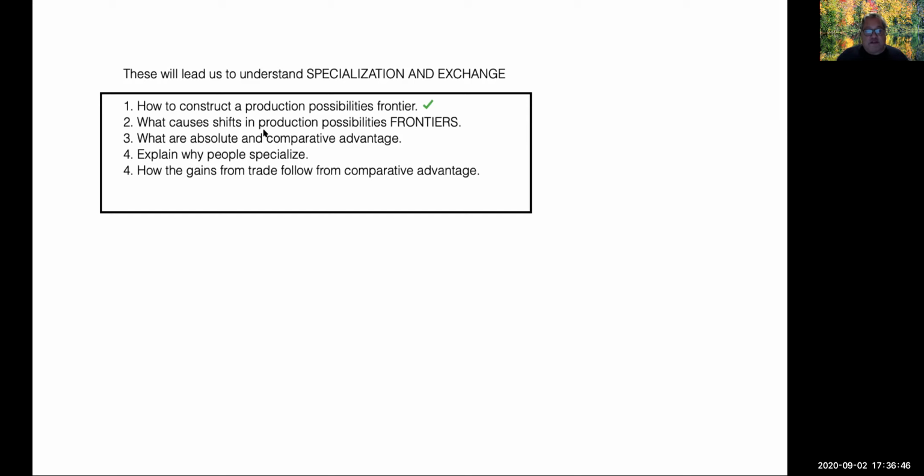Second point, what causes shifts in the production possibilities frontier? Well, what causes a shift in the production possibilities frontier are one of two things. When we have a production possibilities frontier, we usually graph, again, one use of a resource versus another.